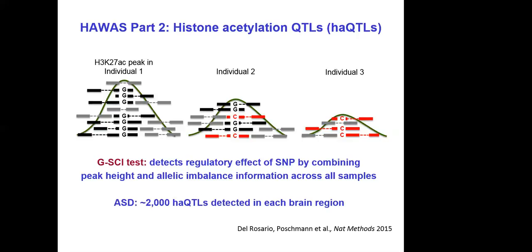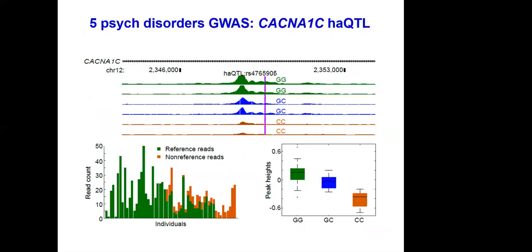and they could be causal for any brain-related phenotype. So here's an example of a GWAS SNP that has a joint effect on 5 psychiatric disorders, genome-wide significant. And it's in LD with this SNP, RS476, etc., that, as you can see very clearly here, is associated with ChIP-seq peak height.